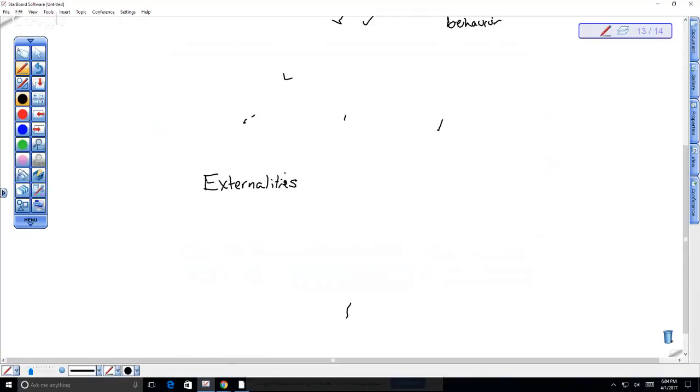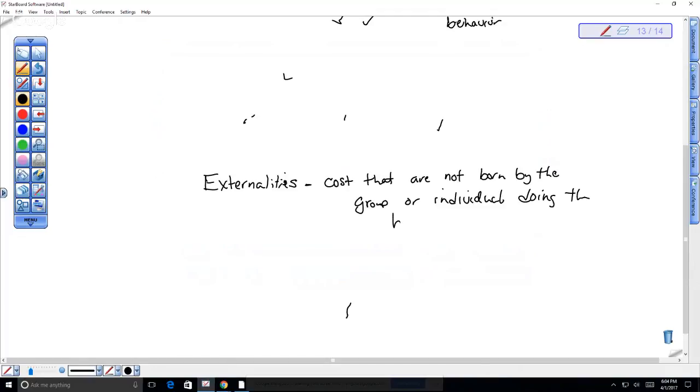Okay, so externalities are costs that are not borne by the group or individual doing the behavior. Okay, so a good example of an externality would be, say, forestry.